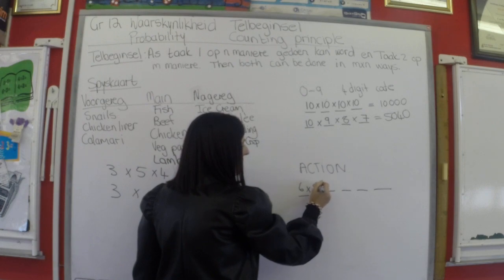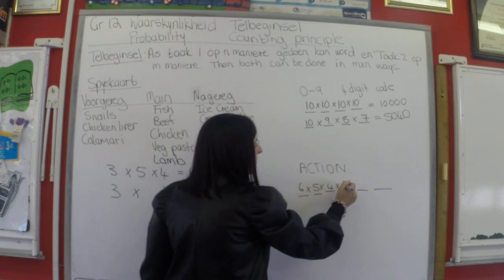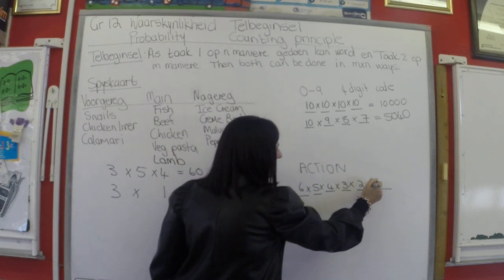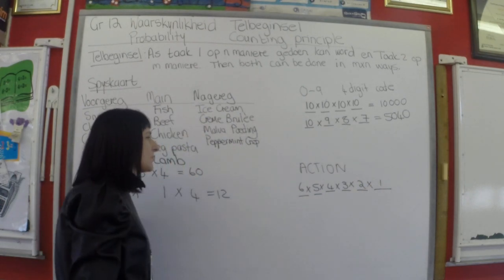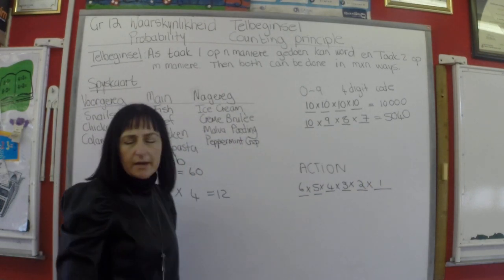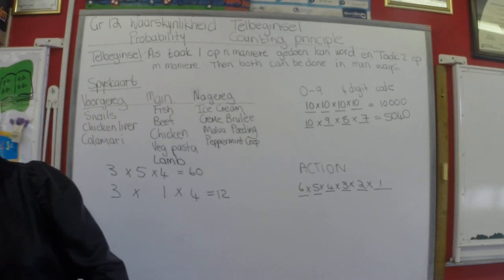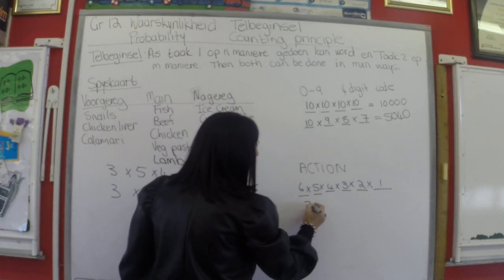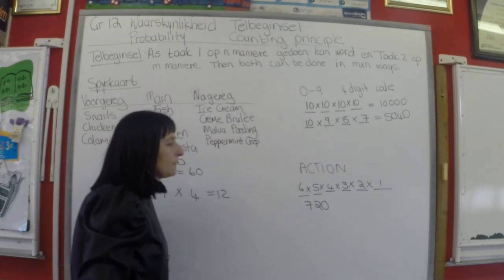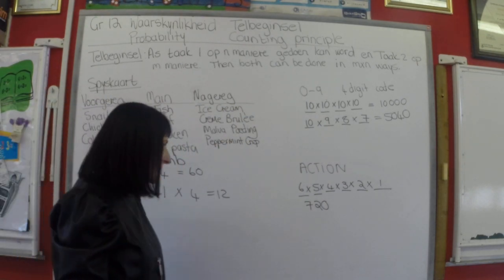Second, there's only 5 left, then 4, then 3, then 2, and in the last possible space, I have only 1 letter left. En as ek dit met mekaar vermenigvuldig, dan kry ek 720 verskillende woorde. Dit hoef nie noodwendig sin te maak nie, die woorde.